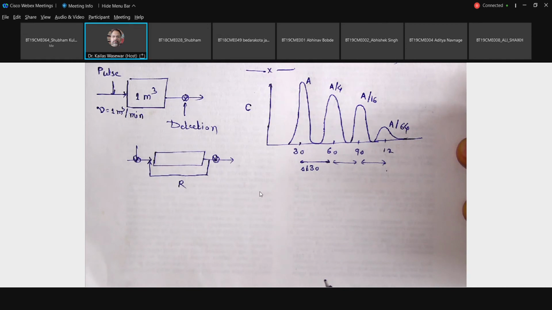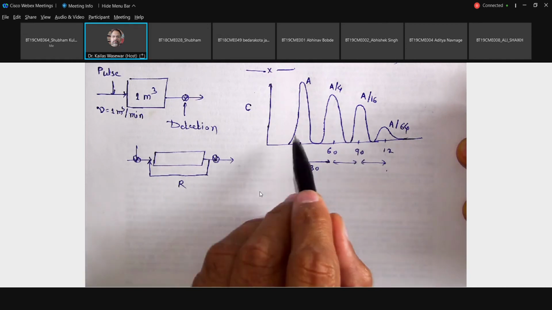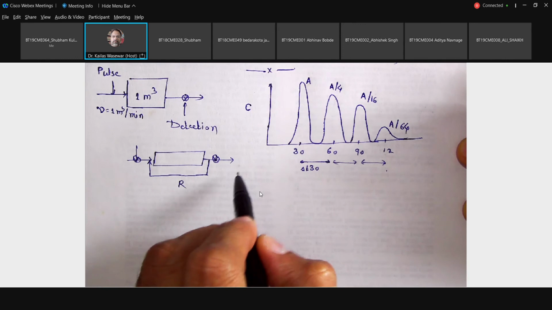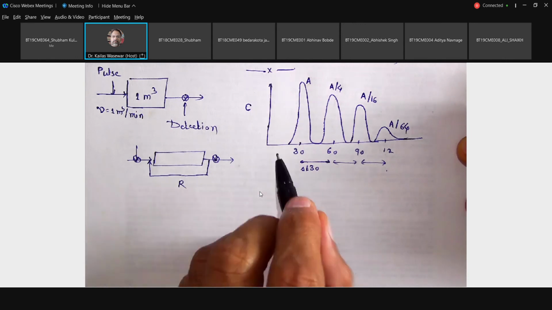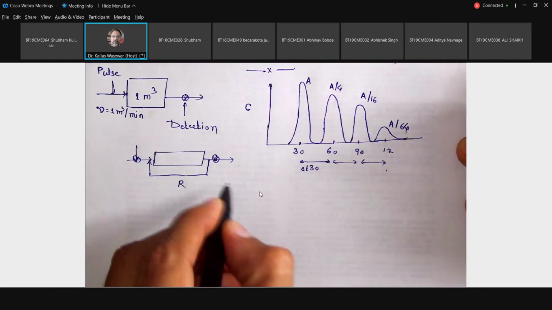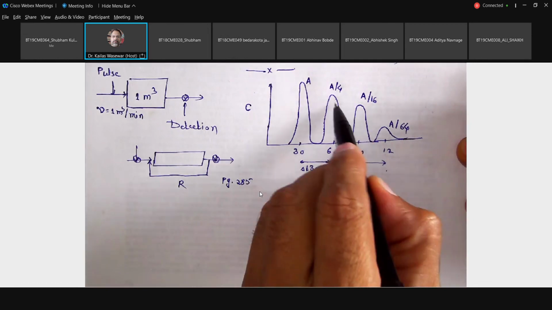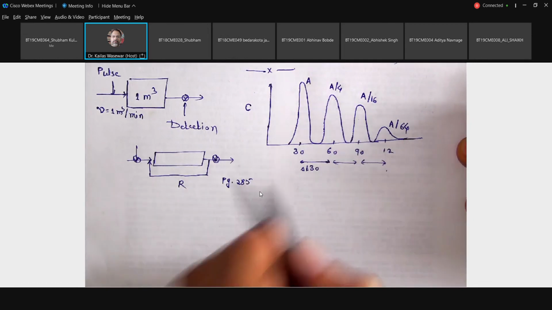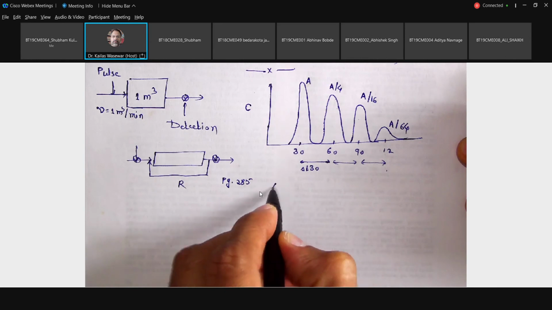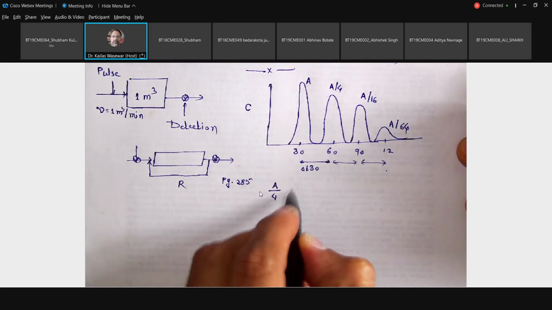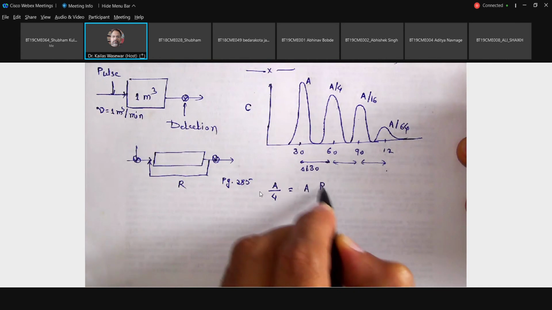If you do the mathematical derivation, or simply refer directly to the figure on page number 285, you can see that the second curve will be A/4, which will be A into R upon R plus 1.